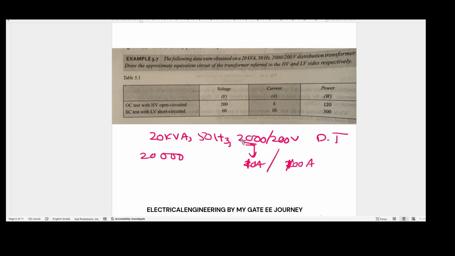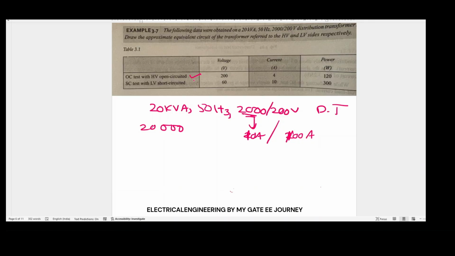Here, what he has given is the open circuit test with HV side open circuited. He applied 200 volts, you can see in the table, 200 volts, and the test current is 4 amps. Here they measured power 120 watts.